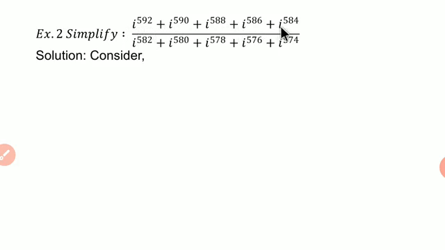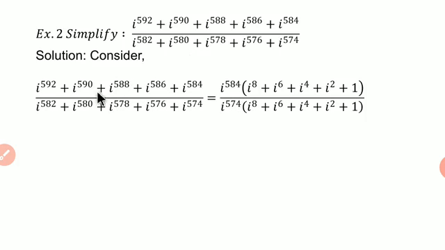We observe in the numerator i raised to 584 is the common part for all the terms, and similarly in the denominator i raised to 574 is the common term. And so consider the given term. It is i raised to 592 plus i raised to 590 plus i raised to 588 plus i raised to 586 plus i raised to 584, whole divided by i raised to 582 plus i raised to 580 plus i raised to 578 plus i raised to 576 plus i raised to 574.